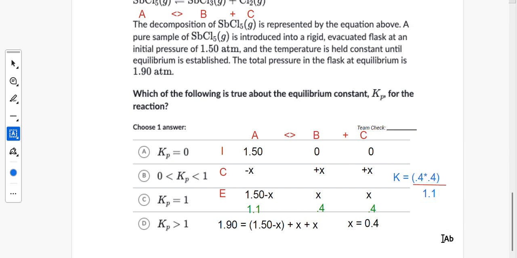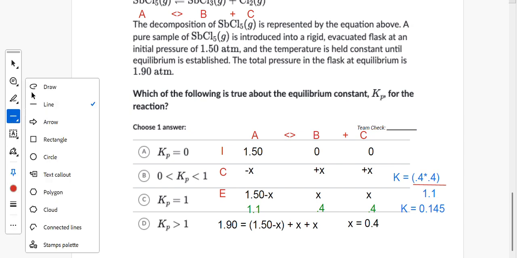All right, I got it. So we got K, and I type that in, and the value that I get, team, my K value that I calculated is K is equal to 0.145. Now, which of these matches K equal to 0.145? The value that I got for this one, team, was B.